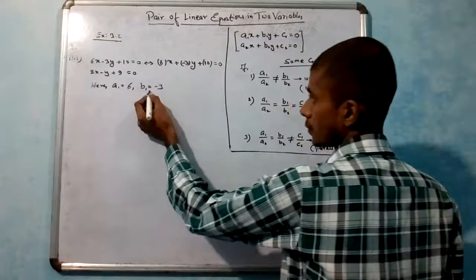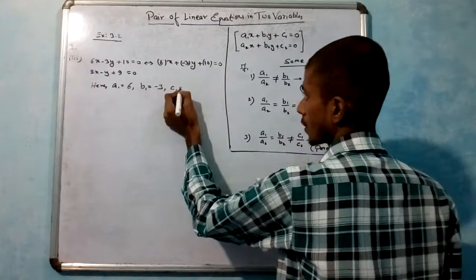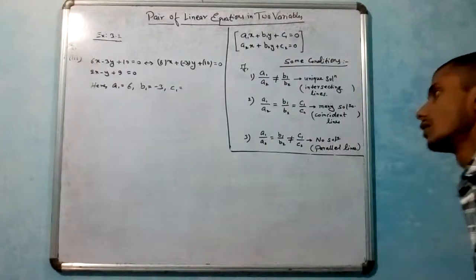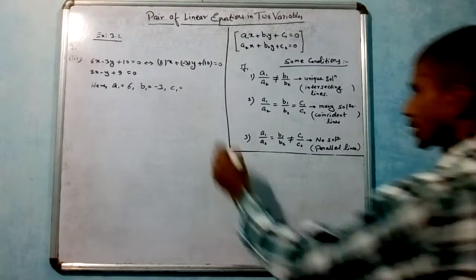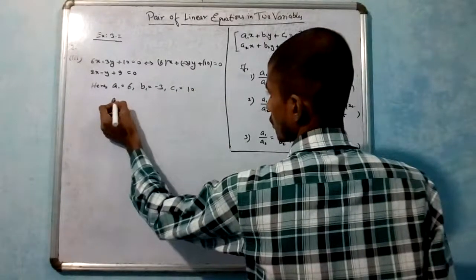So that's why A1 is 6, B1 is minus 3. What is C1? Right. Next A2 B2 C2.